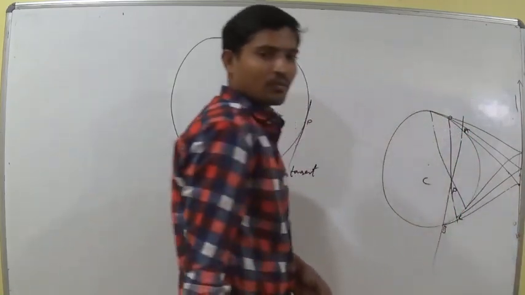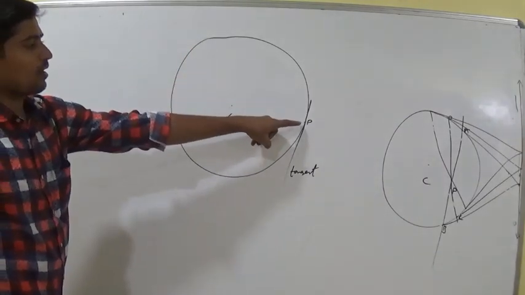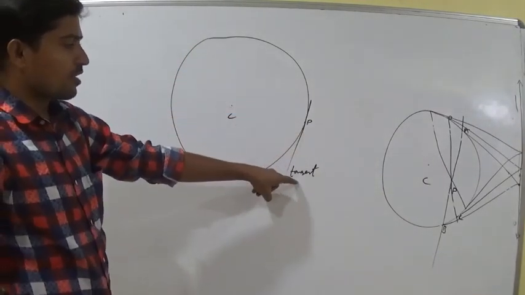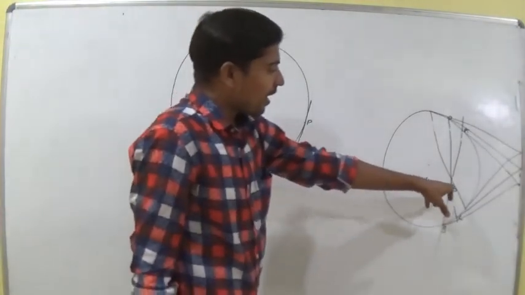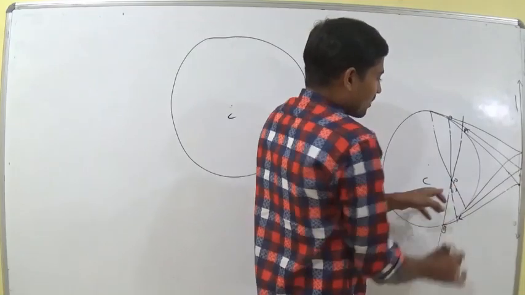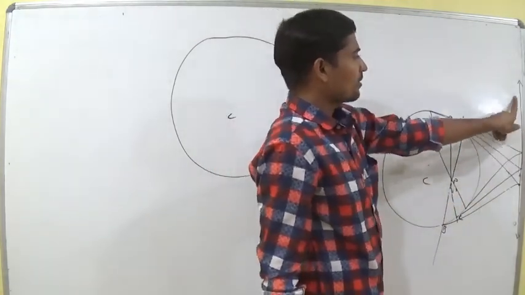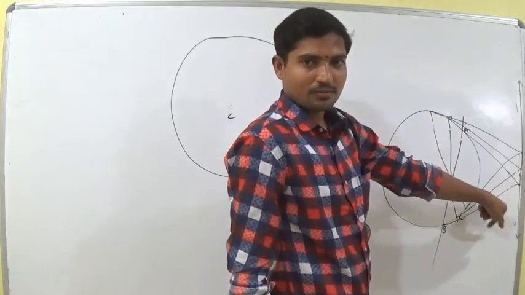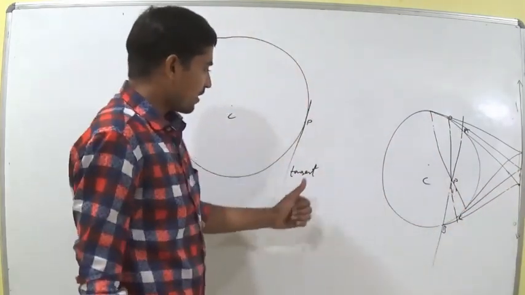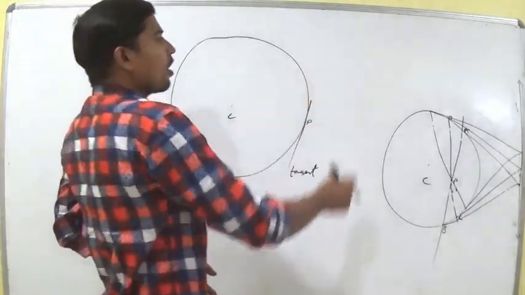Understand? The thing is, a point lying on a circle becomes a tangent. The point lies inside a circle, P is here, then the polar line becomes like this. The point lies external to a circle, which becomes a chord of a circle.